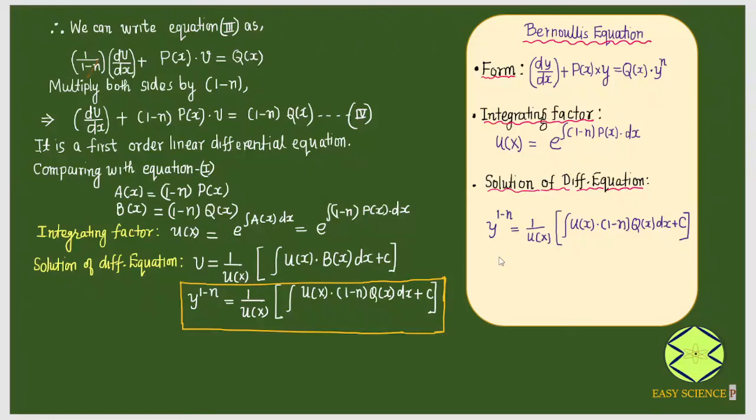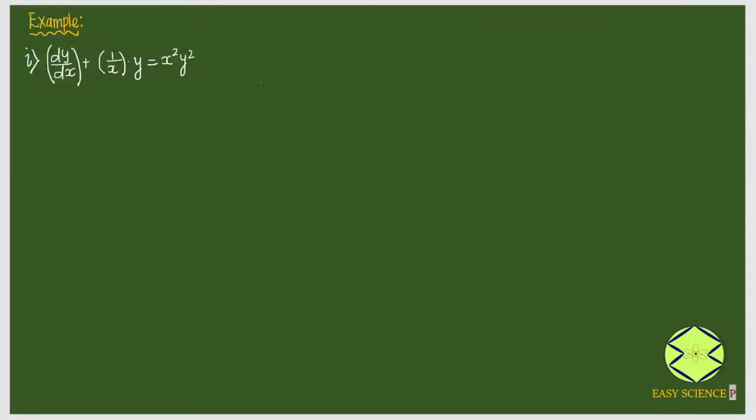So I hope the method is understood. You can take some illustrative examples in order to understand the methodology. We have a very simple example here: dy over dx plus 1 by x times y equals x square times y square. We can try to solve this problem using the method we have discussed.